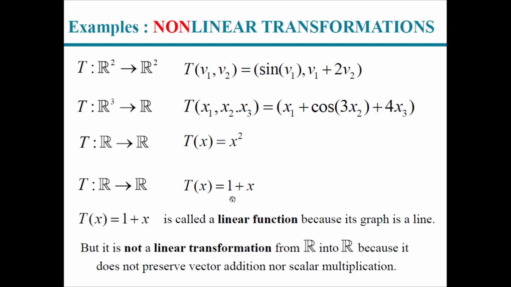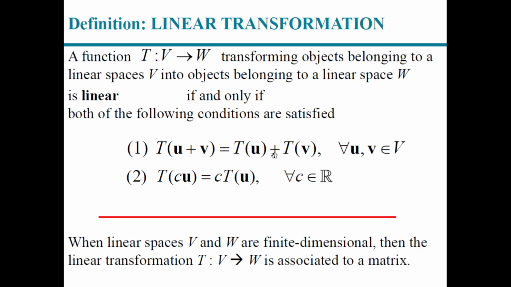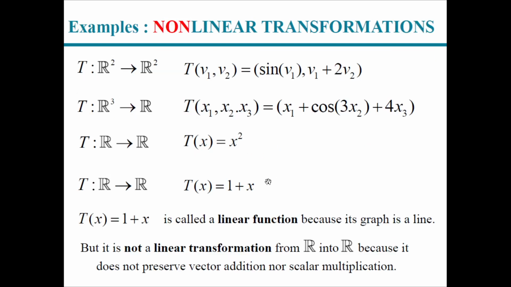Also, the function 1 plus x is not linear. It's a straight line, but it's not a linear transformation, because it doesn't satisfy any of the two conditions. In order for a transformation to be linear, it must satisfy both of these linearity conditions. And the function 1 plus x doesn't satisfy any of them. So 1 plus x is not a linear transformation.